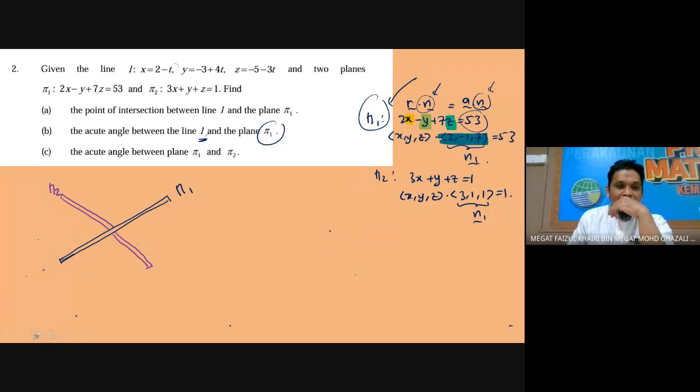Okay, so now if I write the plane of pi 2 here, I put a purple ink, and then for this one I put a blue black.